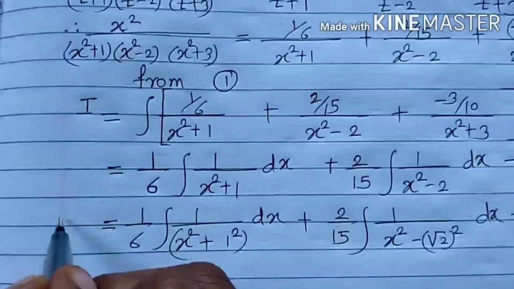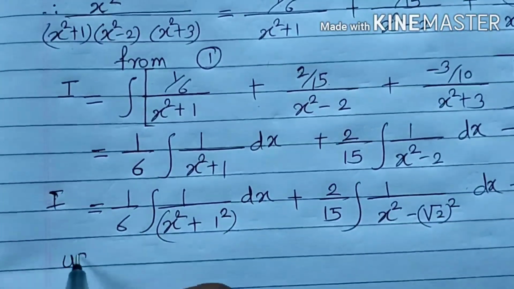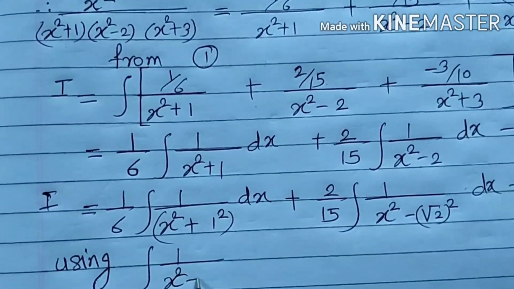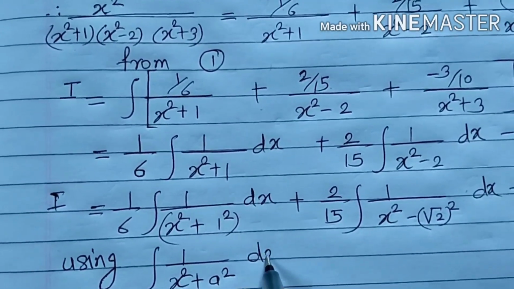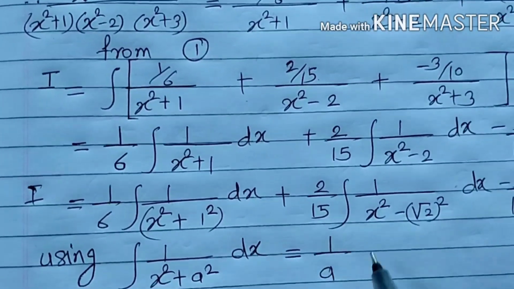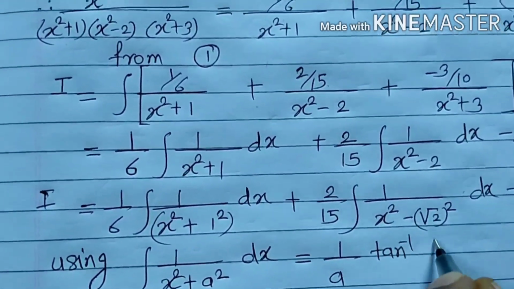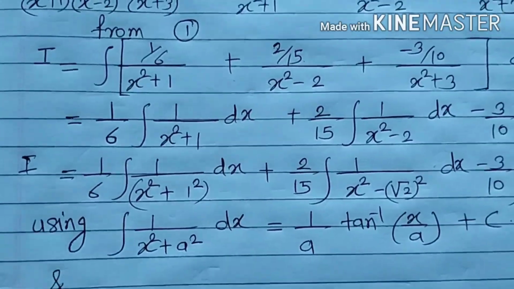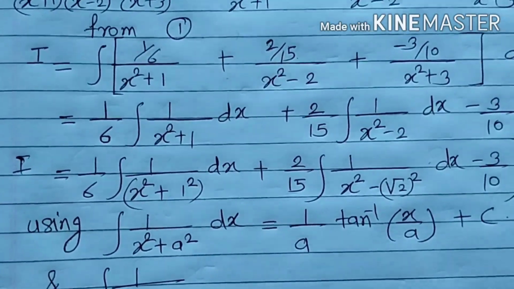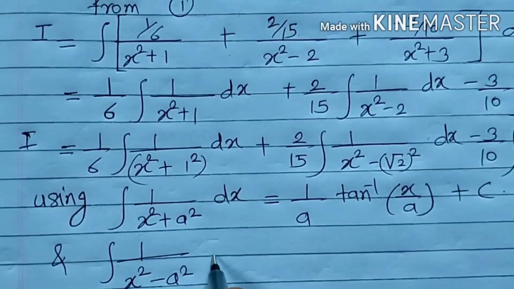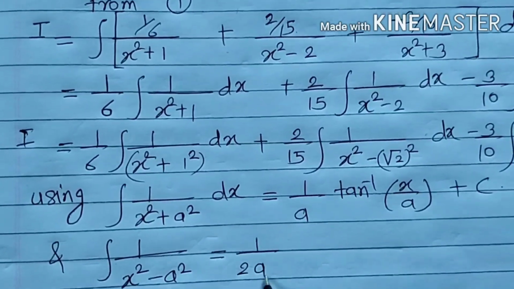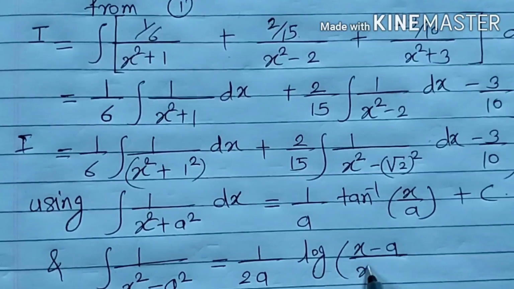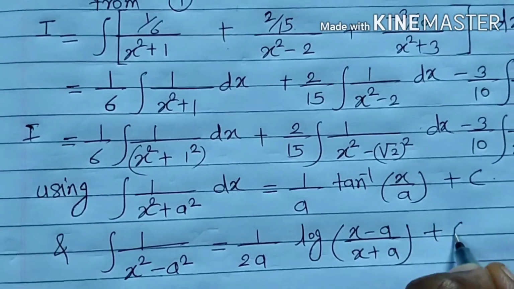Now we know the values: integration of 1 upon x square plus a square dx is equal to 1 upon a tan inverse x upon a plus c, and integration of 1 upon x square minus a square is equal to 1 upon 2a log of x minus a upon x plus a plus c.